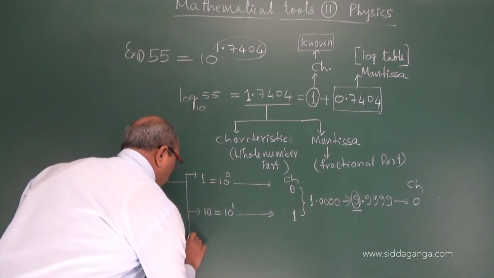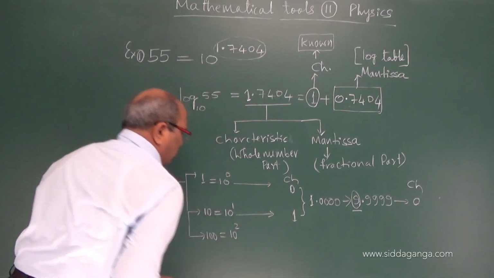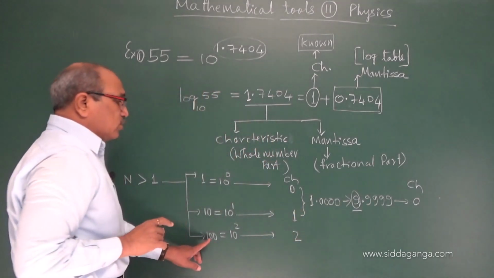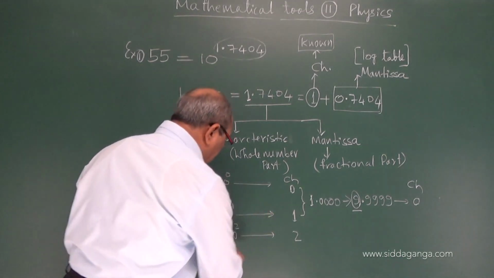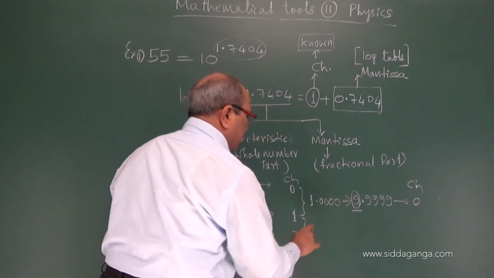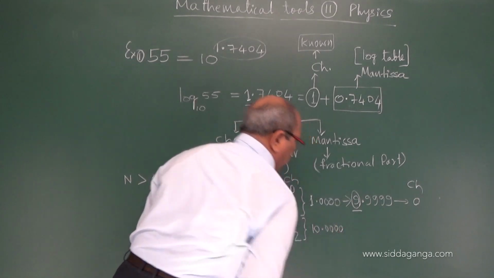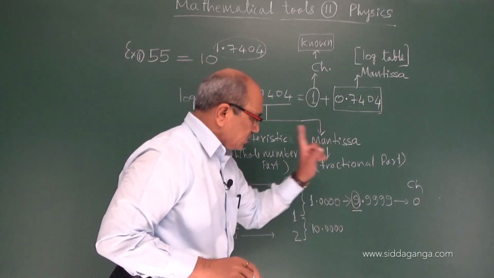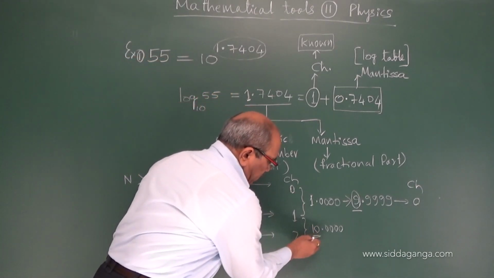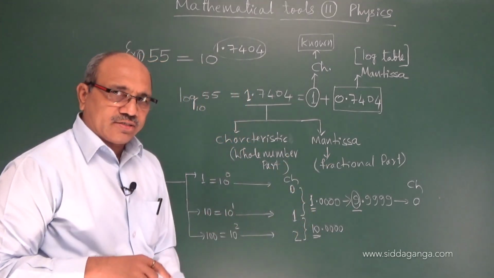So let us come to 100, that is 10 power 2, where the characteristic is 2. 3 digits appear. But for characteristic 1, if you are observing, it is from 10.0002 to 99.9999. Once it becomes 10, you get 2 digits. Here it has only 1 digit, therefore 1 minus 1 is 0 characteristic.